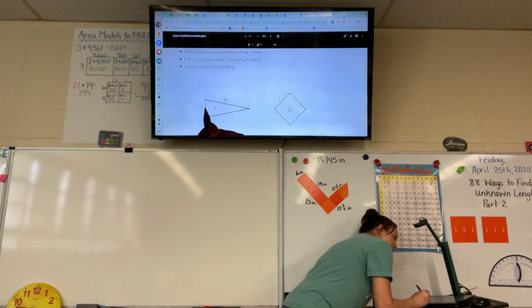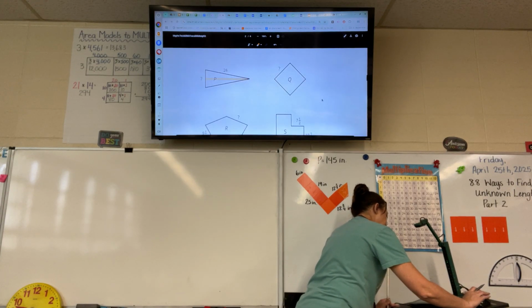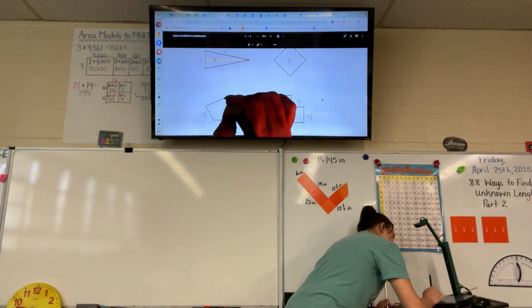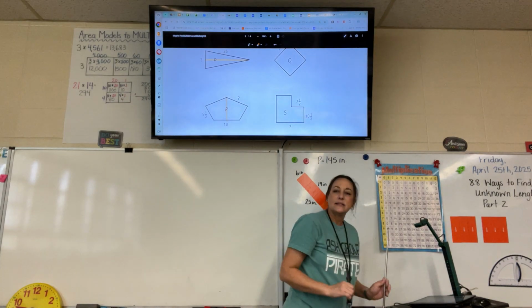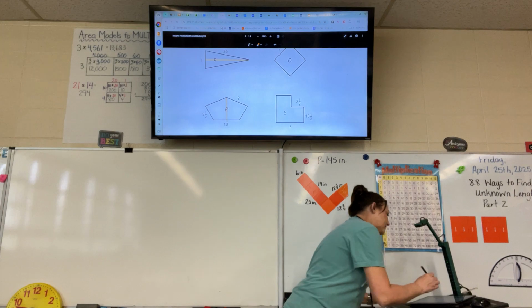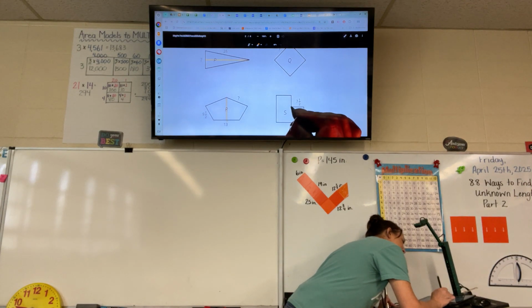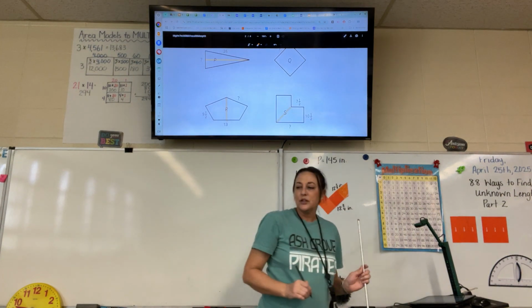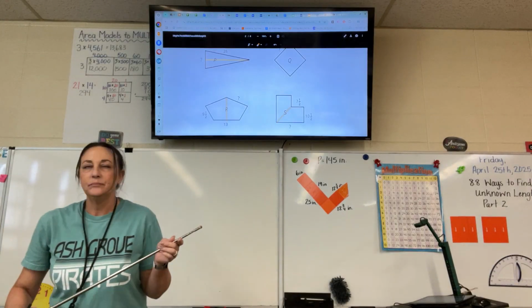So I'm going to go ahead and draw the line of symmetry. There's P, here's R. Whatever that noise is, that clicking needs to stop. And here is S. Okay, so draw your lines of symmetry in.